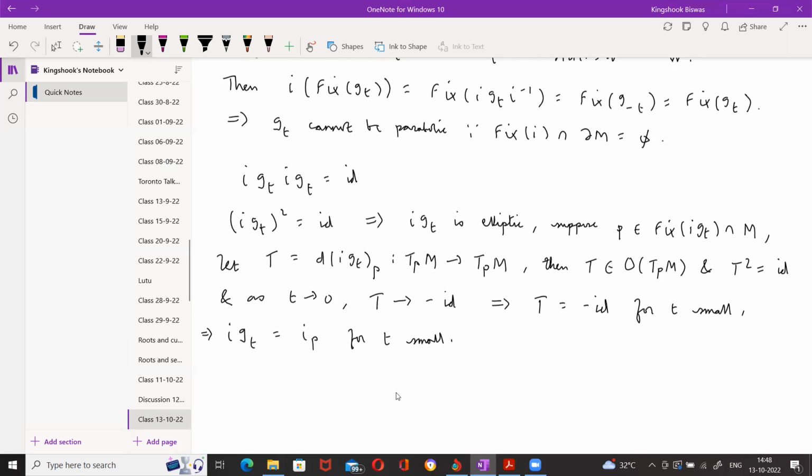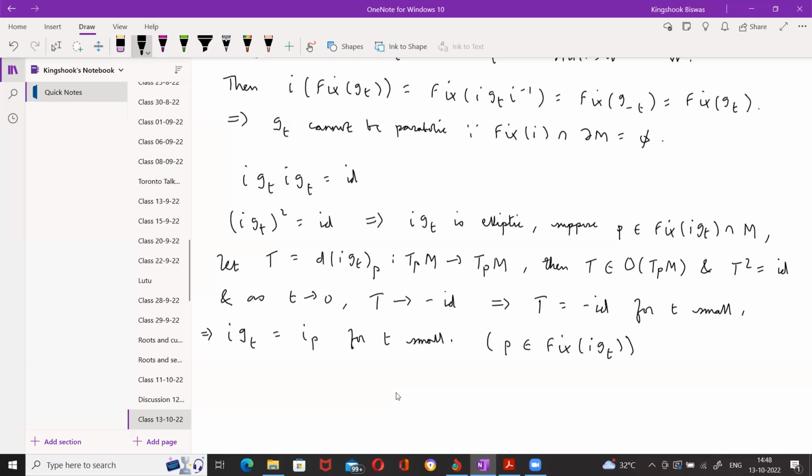Is this clear? Yes. This P depends on t. P belongs to the fixed point set of IGT. Okay. Fine. So I've got this.